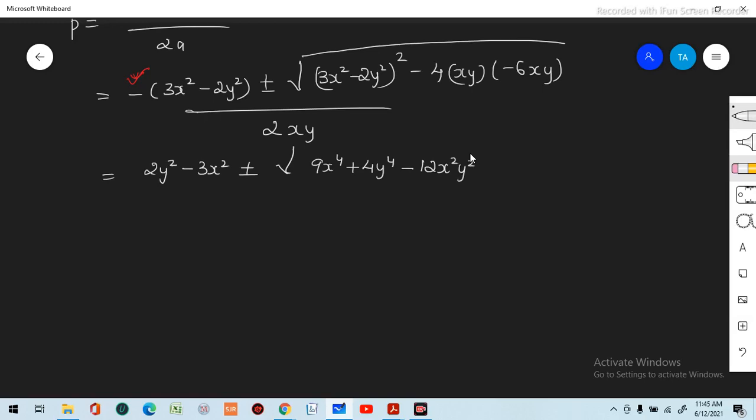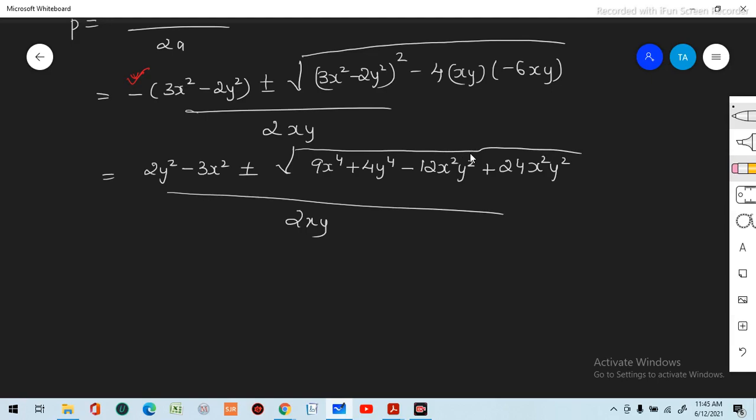Here minus of minus is plus, 6 4s are 24, 24x square y square. So whole divided by 2xy we keep as it is.